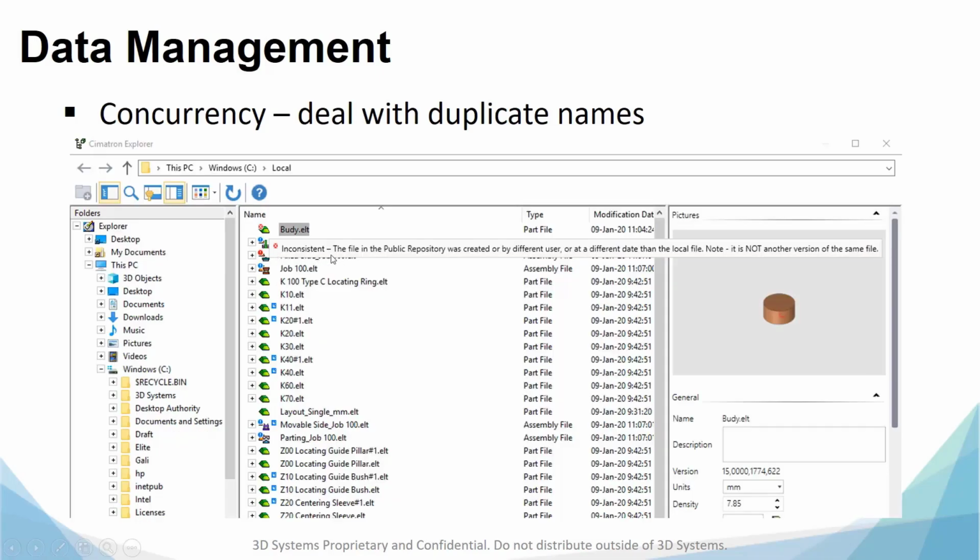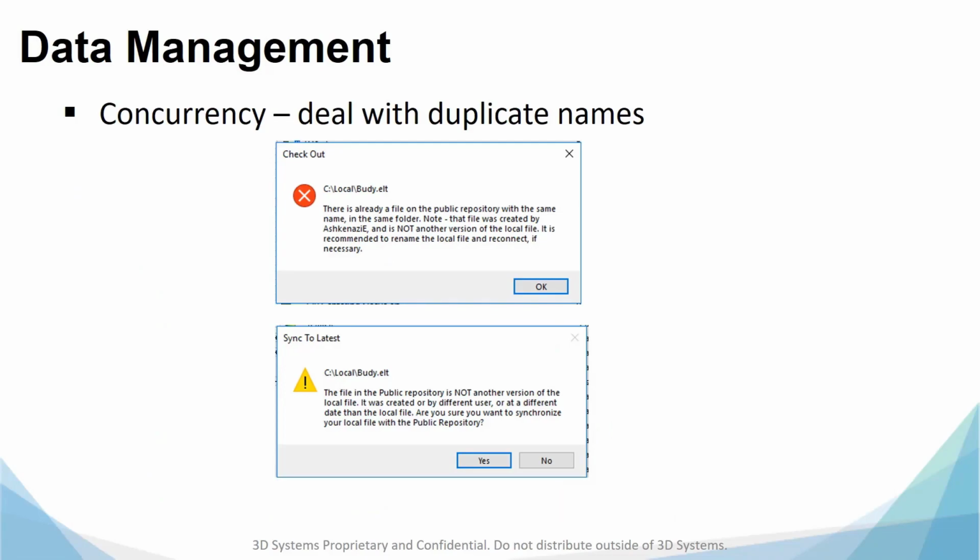Same message in a different file. So the user will know that they have two different files with the same name, and they will be able to rename the file. When they try to check out, they will get a message: there is already a file on the public repository with the same name in the same folder.